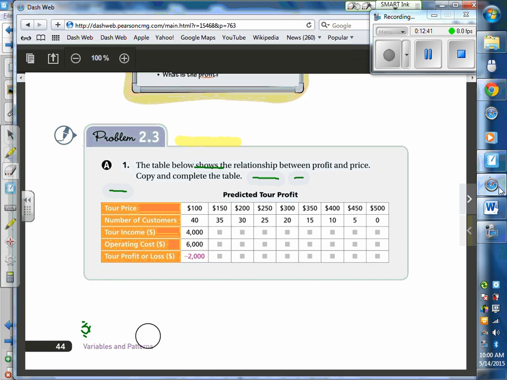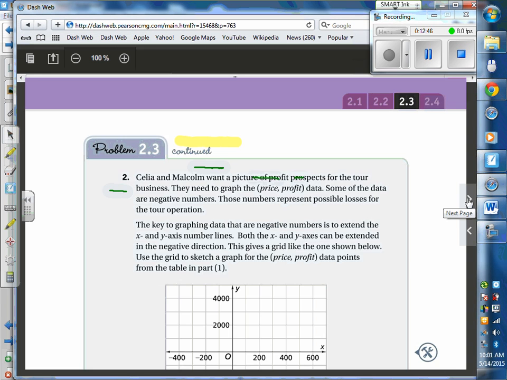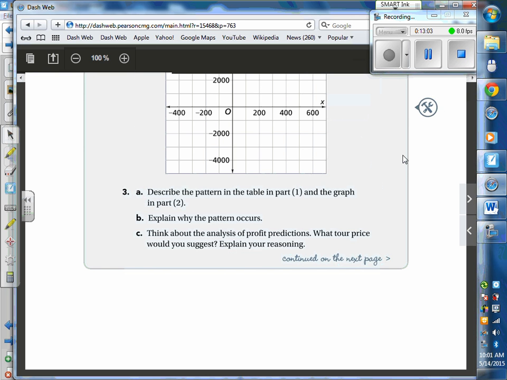So part A, we already started. And then part B is the graph that we just talked about. And then number 3, if we scroll down, you can answer those questions and continue through on page 46 to finish the blue sheet.